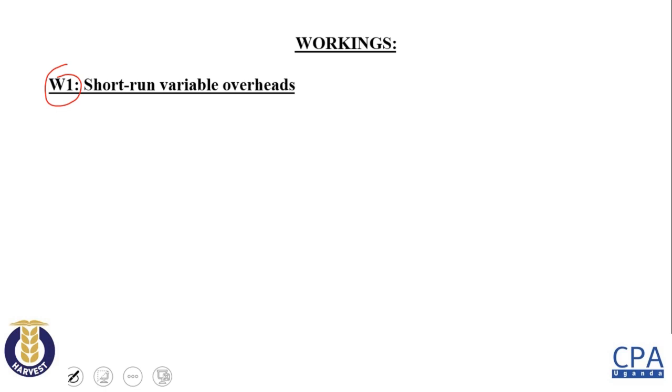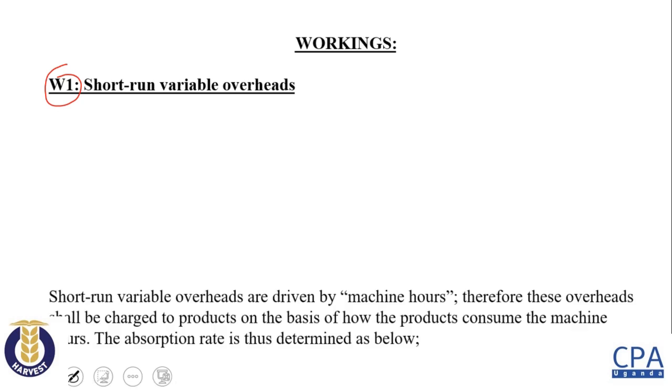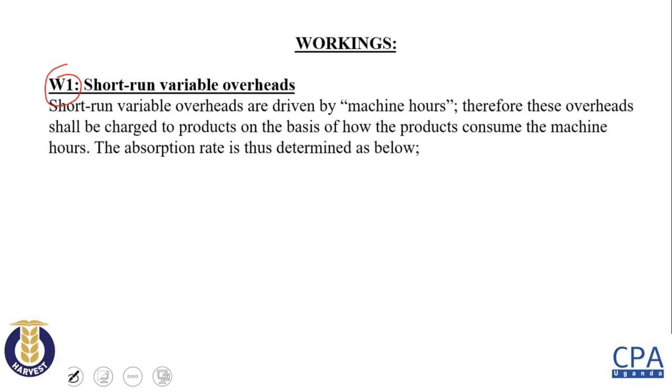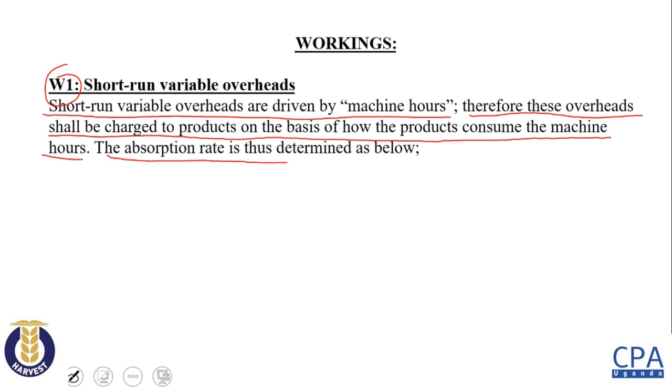I'm giving you just an opening remark here, or what I may call a tutorial. In this tutorial, I'm saying that the short-run variable overheads are driven by machine hours. Therefore, these overheads shall be charged to products on the basis of how the products consume the machine hours. And the absorption rate is thus determined as below.